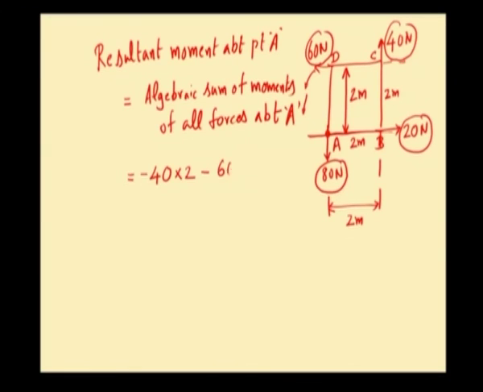So, minus 60 into 2. So, 40 into 2 is 80, 60 into 2 is 120. So, we get minus 200 Newton meter. So, this is the resultant moment of all the 4 forces about point A. Minus sign indicates that the nature of this resultant moment is anticlockwise.